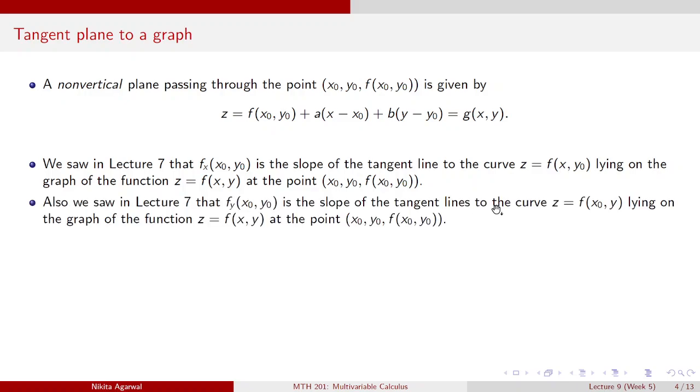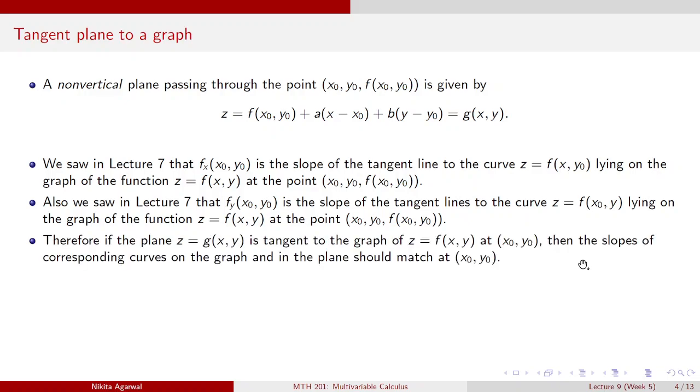Similarly, f_y(x0,y0) is the slope of the tangent line to the curve f(x0,y). So the x coordinate is fixed, lying on the graph of this function at this point, right? So you have those two slopes.